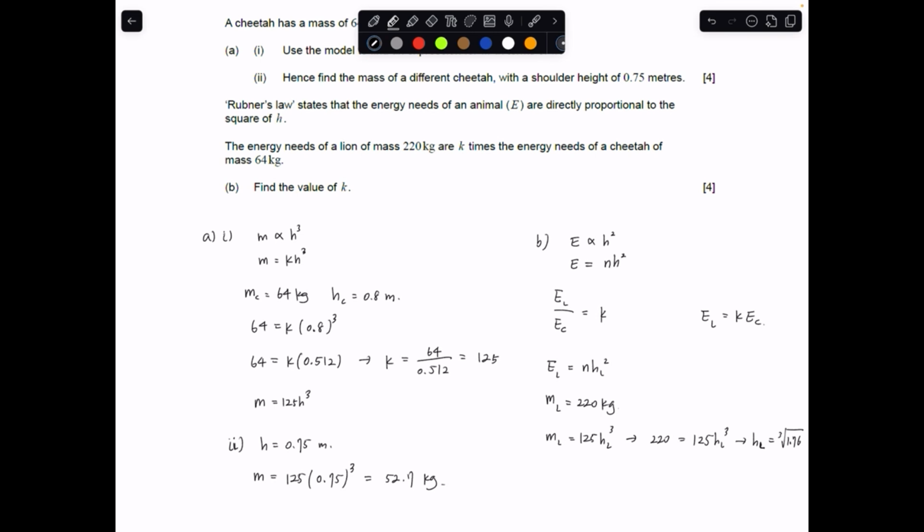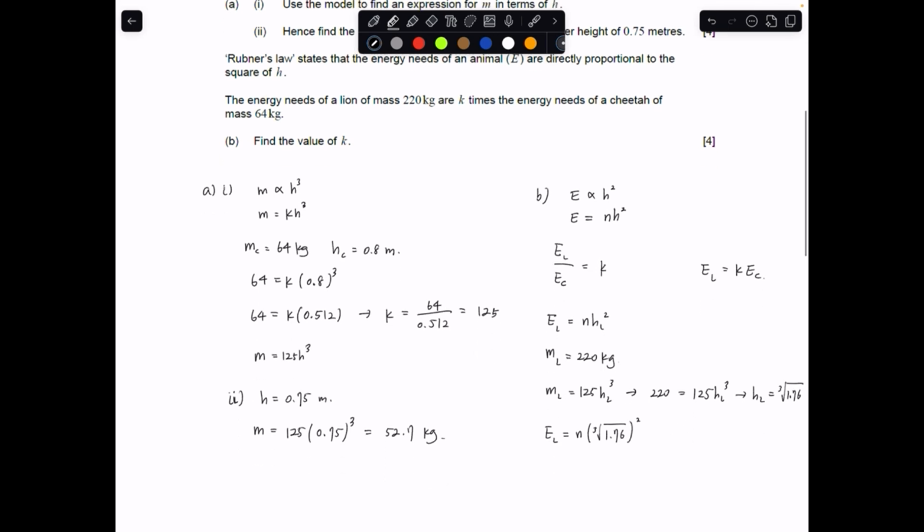And so actually, let's go ahead and finish up writing the expression for the energy needs of a lion. So that's n times the cube root of 1.76 squared. Okay. And then the energy needs of a cheetah is n times 0.8 squared.